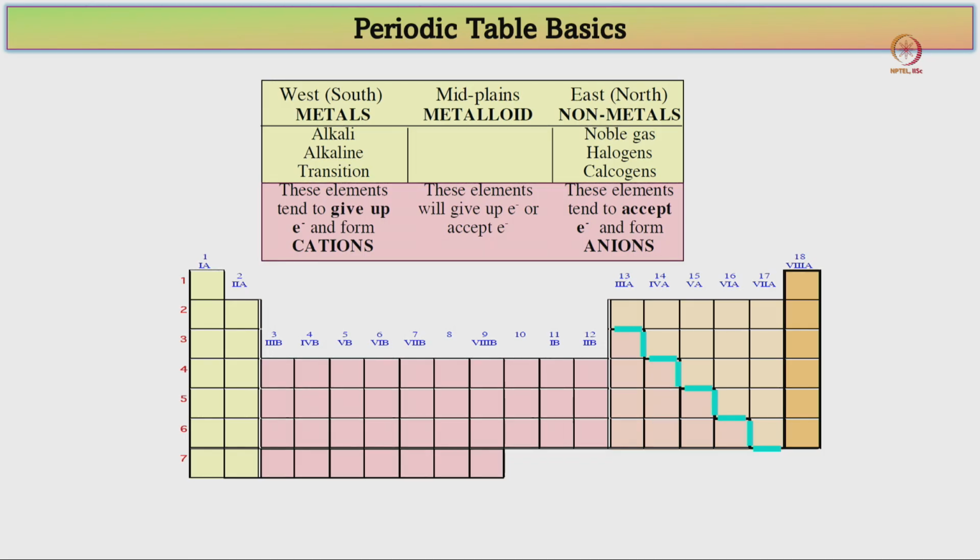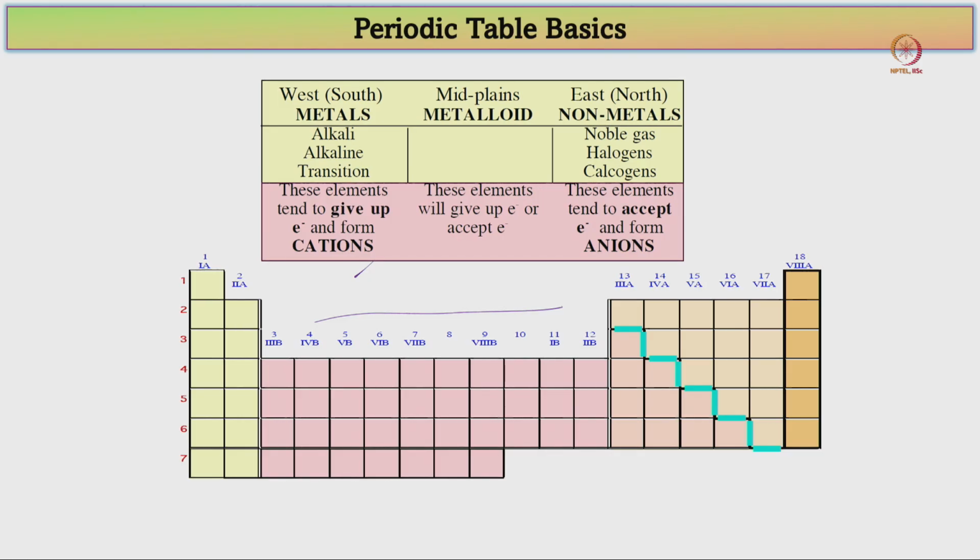On this left side of the periodic table, we have the alkali and the alkaline metals. These elements tend to give up their electrons and they form cations. In the middle group, they are the transition elements. They can give up an electron, or they can accept an electron and change their valency state and oxidation state.